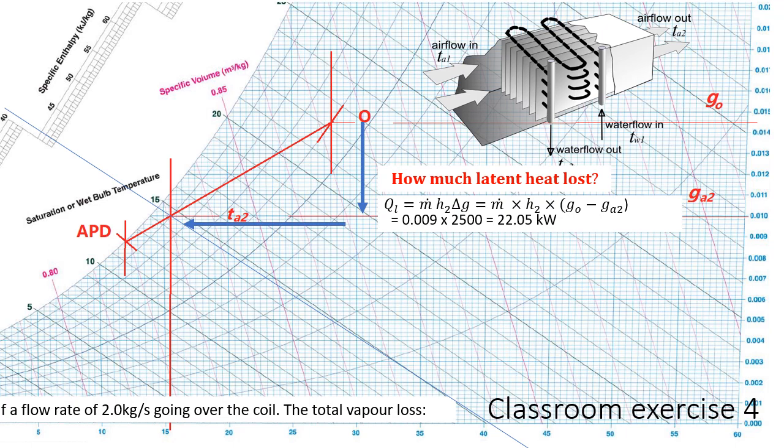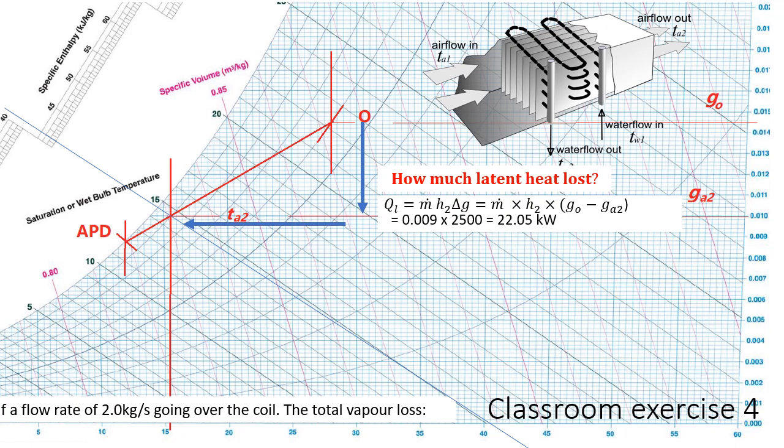So we calculate 0.009 kilogram per second, the generation of condensation, and multiply by the heat of evaporation, 2,500, and we have 22.05 kilowatt latent heat, because this heat is lost in the form of lost moisture.